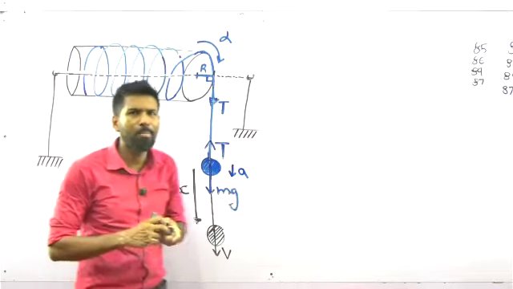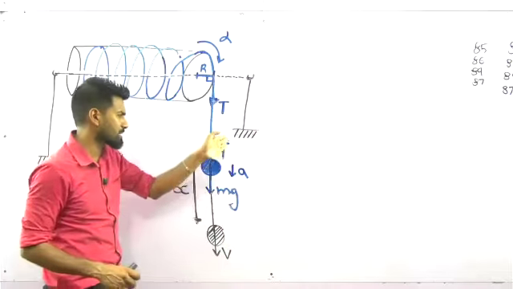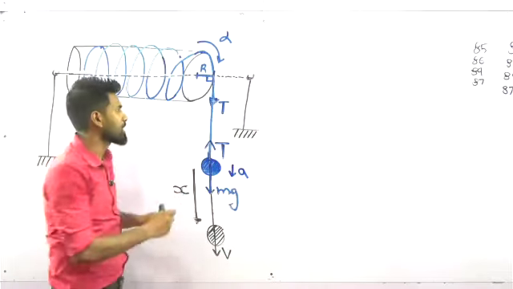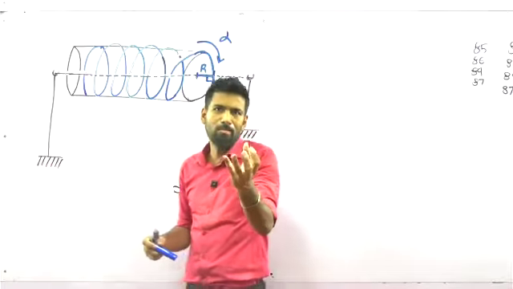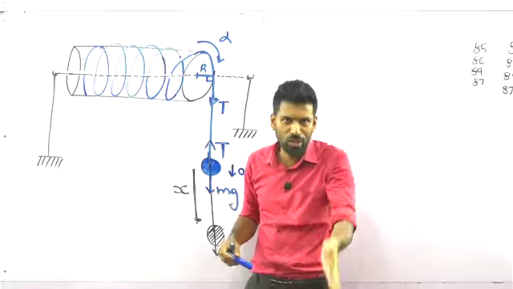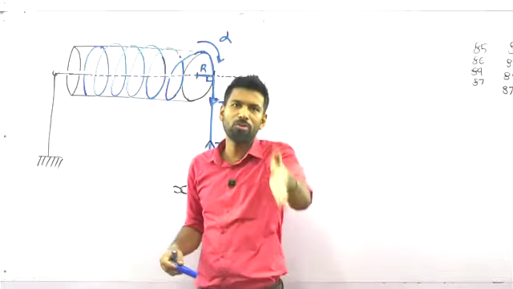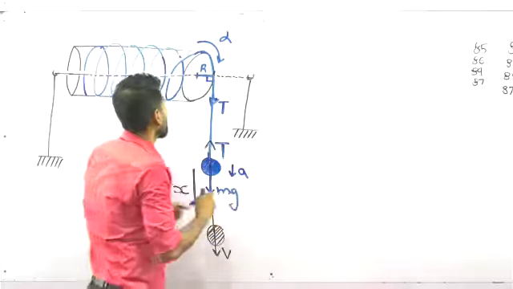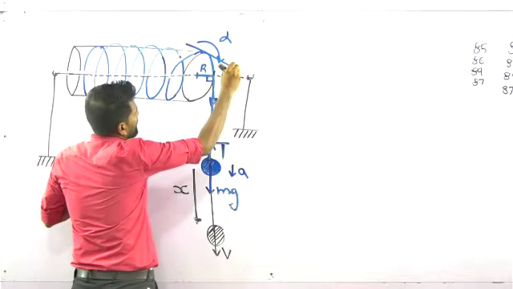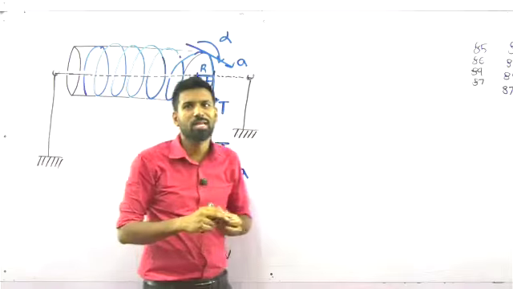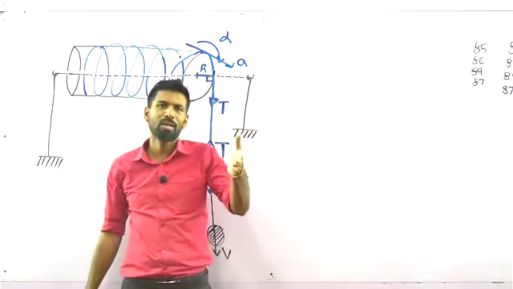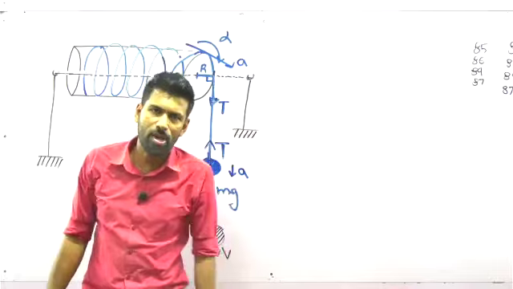As the mass moves down with acceleration a, the string has to be released tangentially with acceleration a.